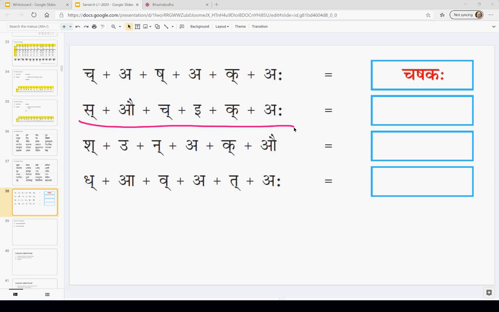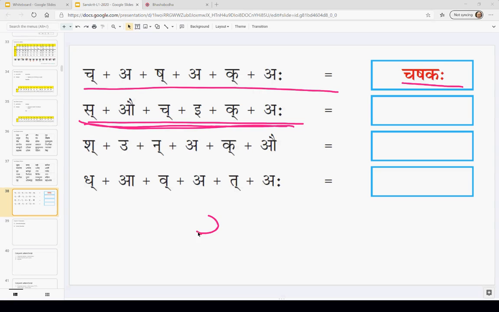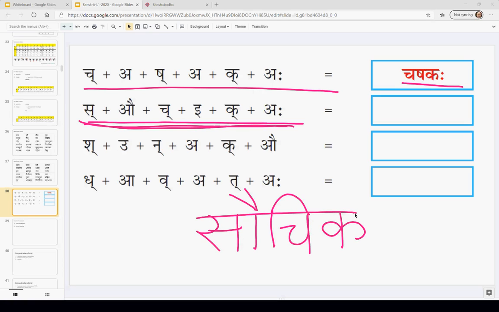Then this, can you combine this? Can you combine this one, Shiva, and read it together? This is written like this, and read as Sauchikaha. So if I write it like that, it becomes Sau, Chi and Kaha.